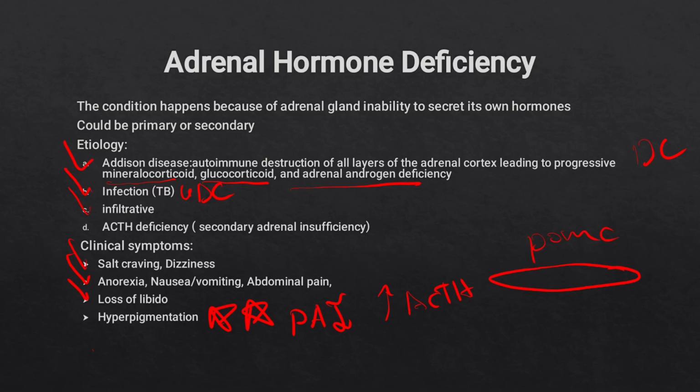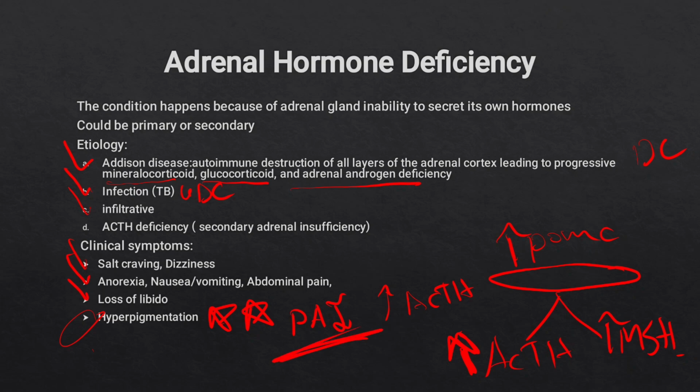This POMC will give you ACTH and also melanocyte stimulating hormone. So whenever you want more ACTH, you should increase POMC also. So the MSH will increase and you will have a lot of melanin, leads to hyperpigmentation. Okay, so hyperpigmentation, it's a hint for primary adrenal insufficiency.